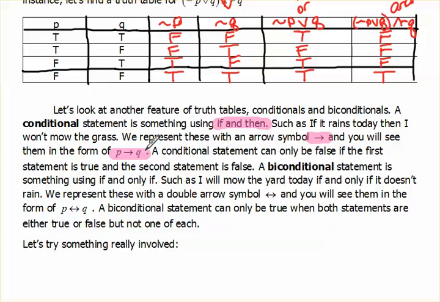There's kind of an old story here that says, if you make straight A's, then I will buy you a new bicycle. Well, the only way that I lie to you is if you make straight A's and I don't buy you the bicycle. So truth led to false. Then I lied.